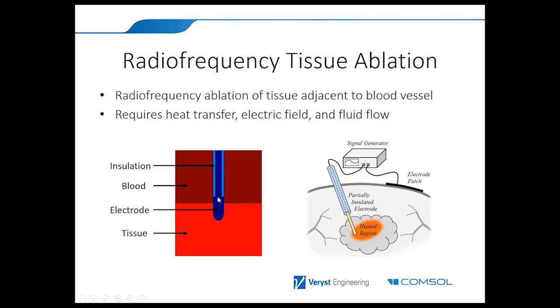This is the probe here, the blood is in here, and this is the tissue you're trying to ablate. The figure on the right shows how ablation works in general. The very short summary is that there's a region of tissue that you want heated up, so you apply an electric current at a high frequency to that region through either a single electrode like you see here or a double electrode. That's the less than 1 minute summary of how this works.